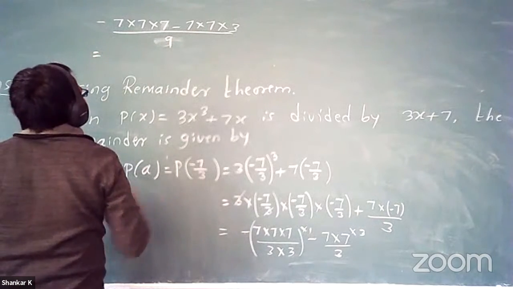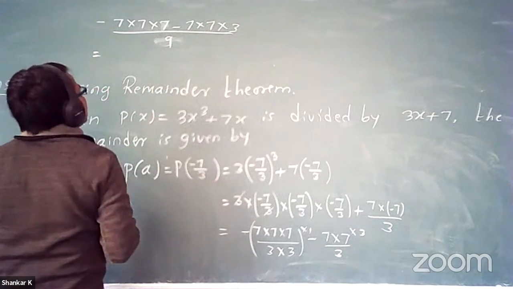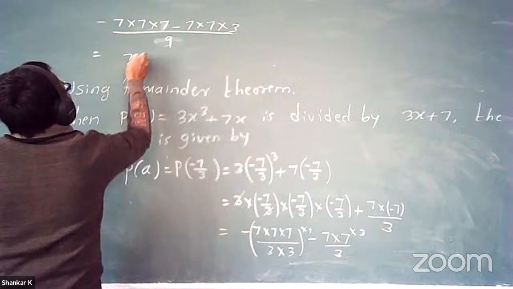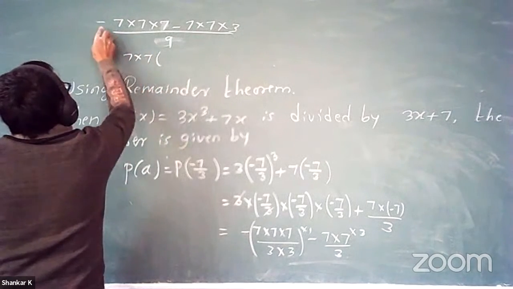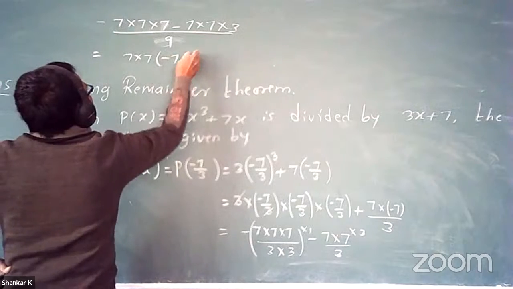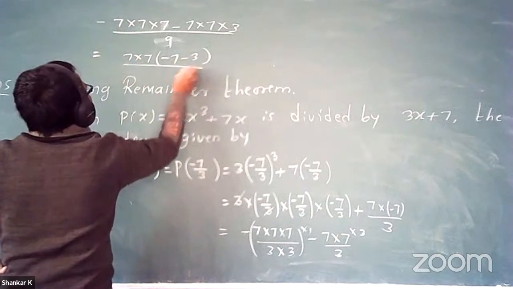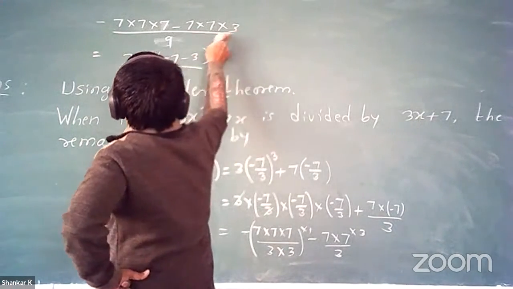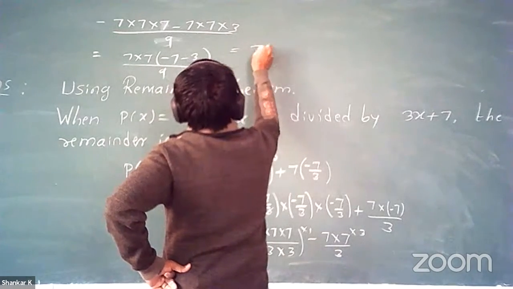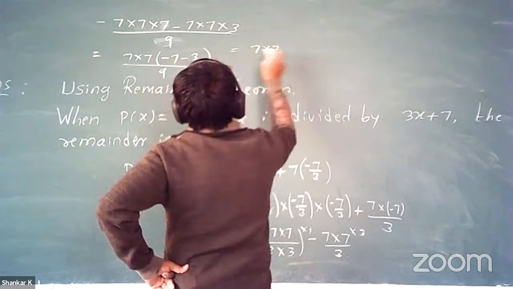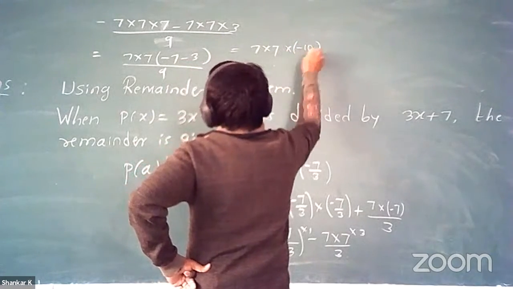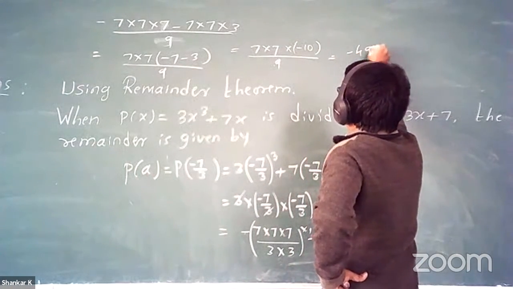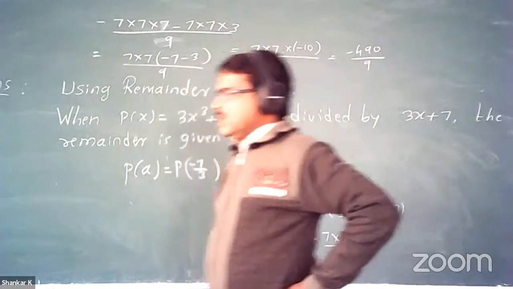We can multiply, or simplify using your own method. 7 into 7 is common, we take it out. What is remaining? Here minus 7 is remaining, here minus 3 is remaining, divided by 9. So this equals 7 into 7, minus 7 minus 3, minus 10, divided by 9. 7 sevens are 49, so minus 490 divided by 9 is the value.